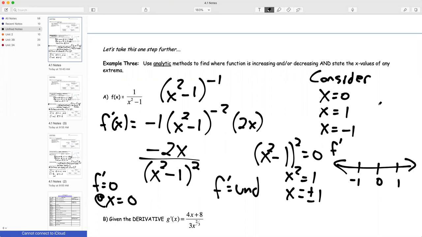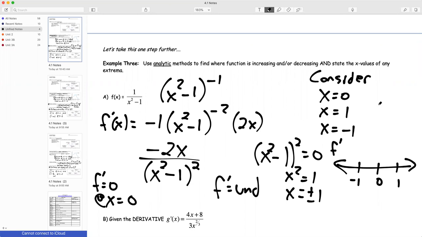Because if I have 0 over 2, for example, then that value is 0. But if I have 2 over 0, then that's undefined. So yes, anytime you have a rational function for your derivative, you're going to look at the numerator for when the derivative is 0 and the denominator for when it's undefined. If it's just a simple linear function, like one that we did before, it's not going to be undefined, but it could be equal to 0.